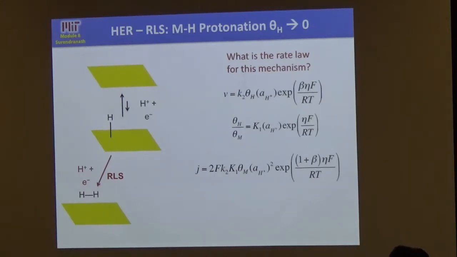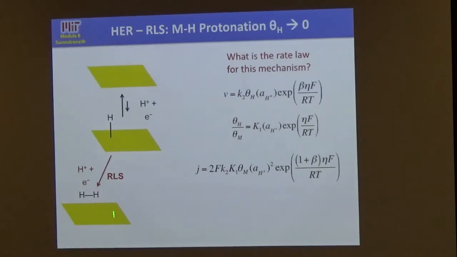But the thing to appreciate here is that there's an exponential dependence that came out of the variation in the concentration of theta H, as well as an exponential expression that related to the way in which potential alters the rate of this reaction. In other words, we get an additional bang for our buck in changing potential, because changing potential changes the position of this and the rate of this. And the combined effect means that in the exponential term, we don't just have a beta, we have a 1 plus beta.